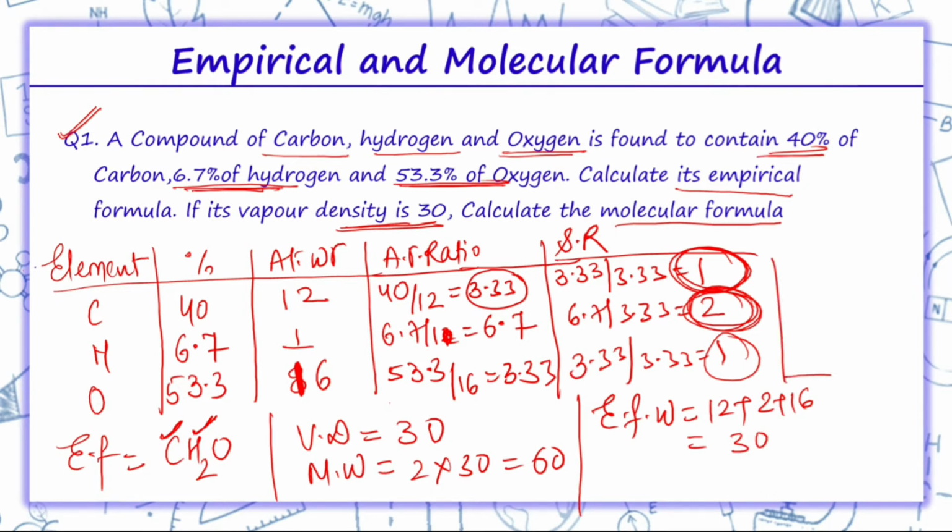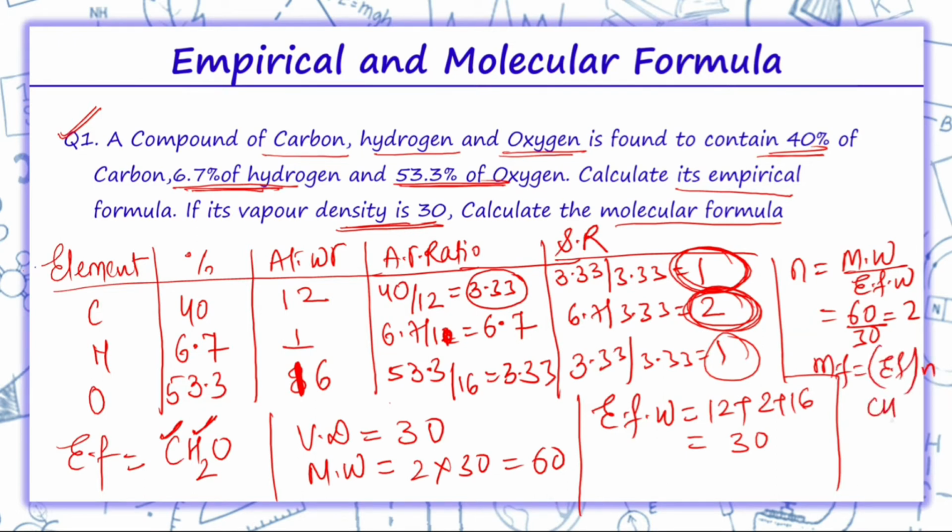Now we have to calculate N. N is molecular weight upon empirical formula weight, which is 60 upon 30, that is 2. So the molecular formula will be empirical formula into N, that is CH2O into 2. So the answer will be C2H4O2. So this is how we calculate empirical and molecular formula if we are provided with the percentage of the elements present in that compound.